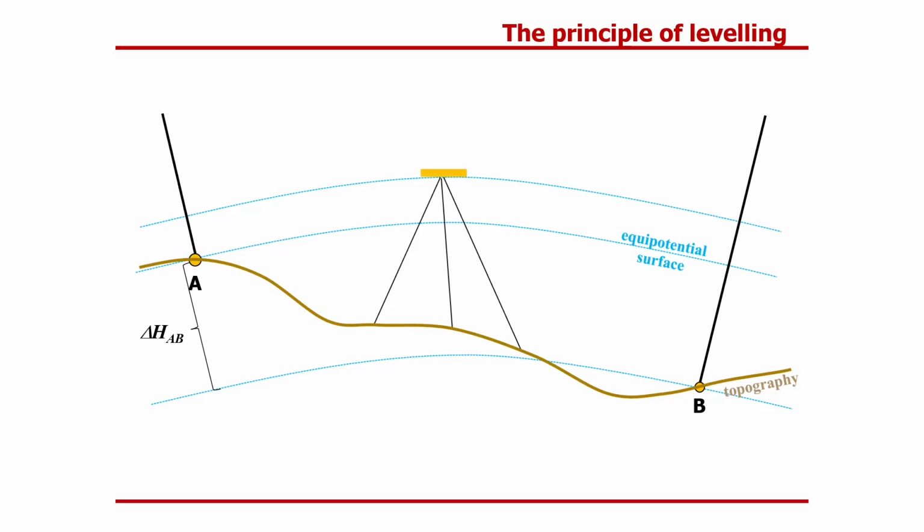Then we put our level instrument between these points. The telescope of our instrument is also normal to the equipotential surface, and then we can read the numbers on the rod at point A and the rod at point B.